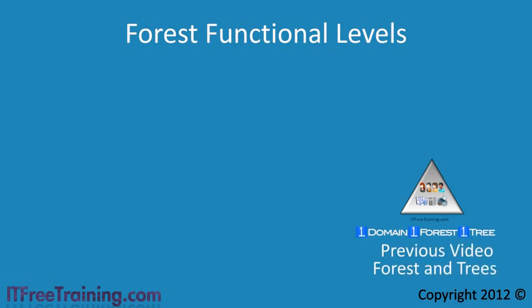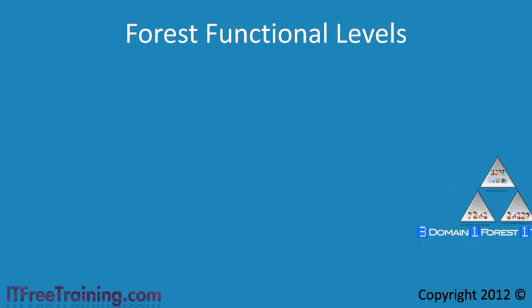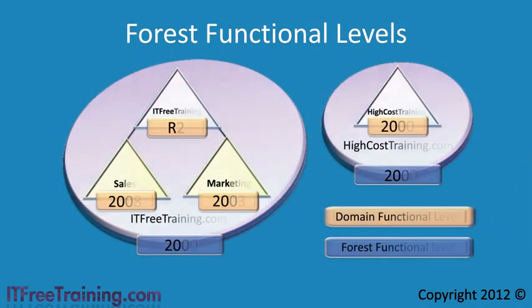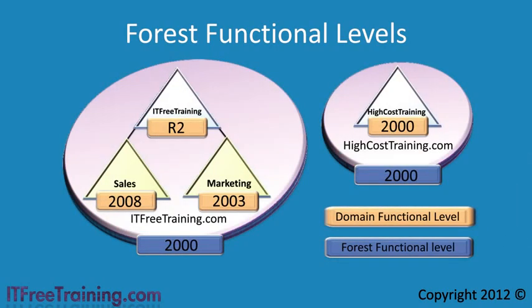Before I get started with forest functional levels, let's have a quick look at an example of two forests to understand how the forest levels work. On the left side, you can see IT free training with two child domains, sales and marketing. When working with networks that have been around since the NT days, you may see separate domains that make no sense.